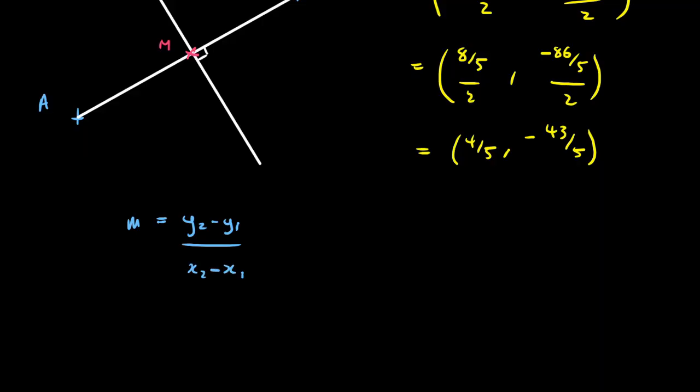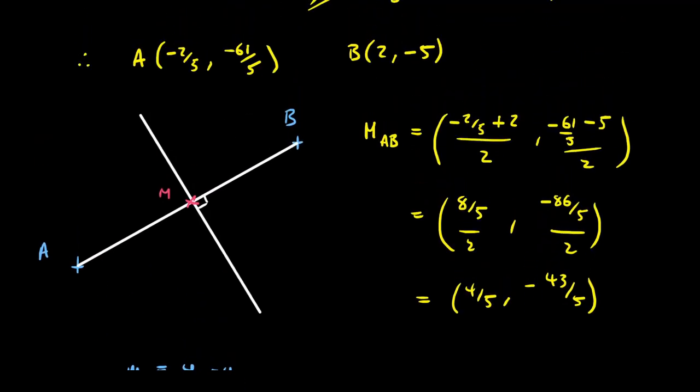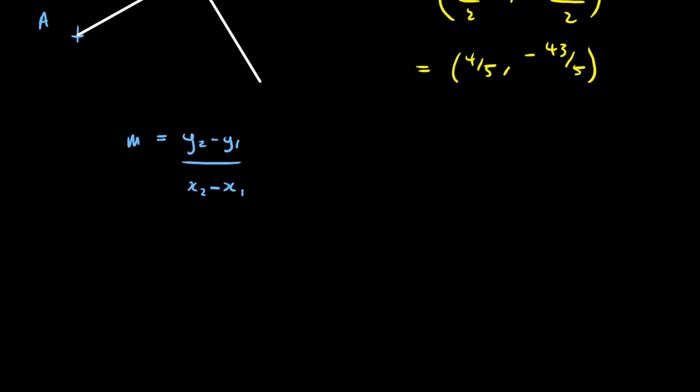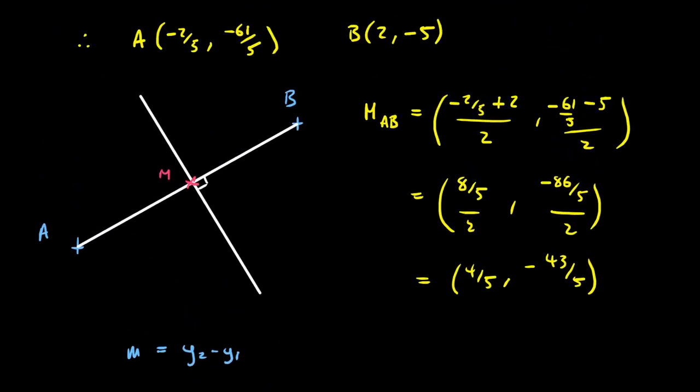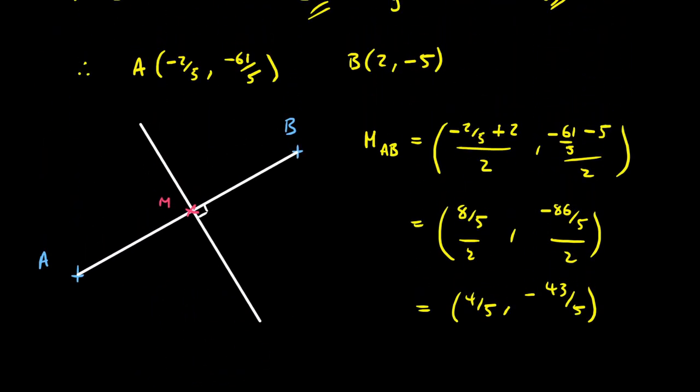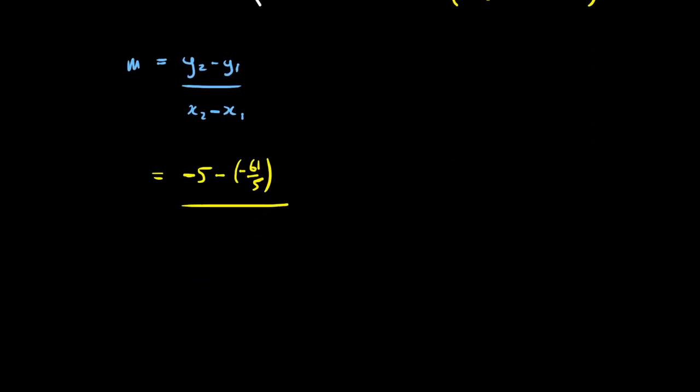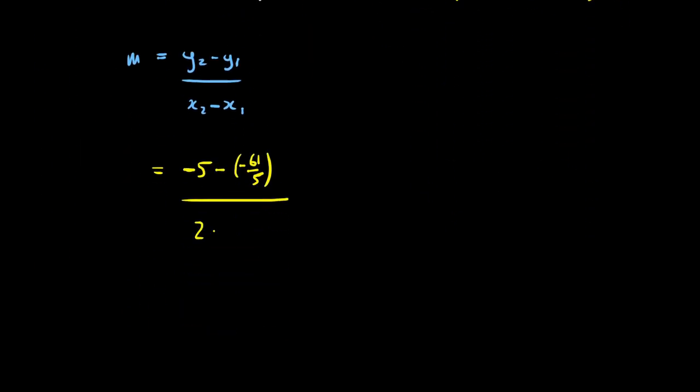So we are going to do minus 5 minus 61 upon 5, divided by our x2 minus x1, which is 2 minus 2/5.